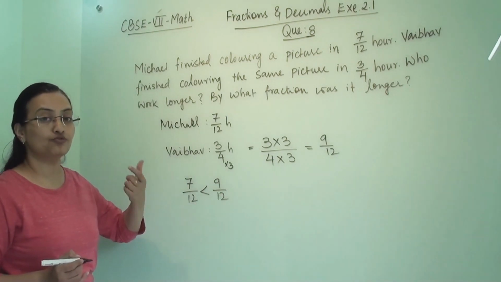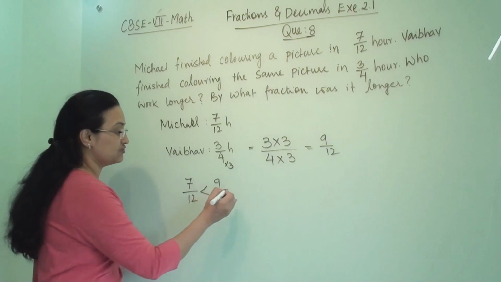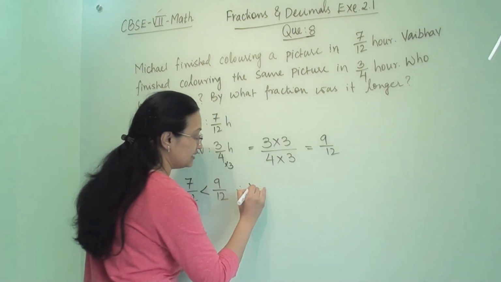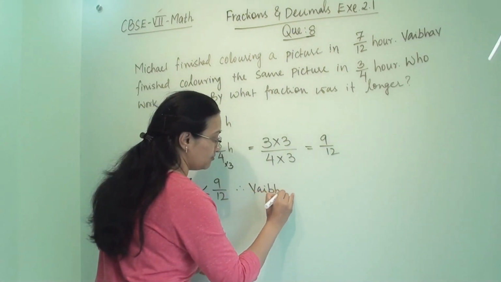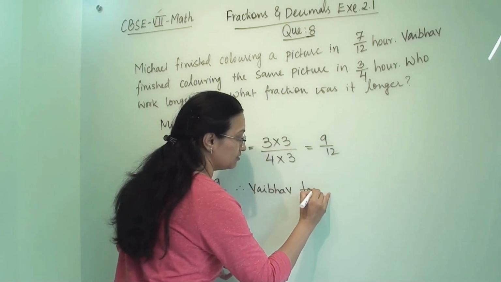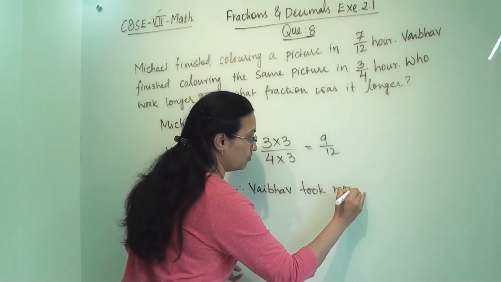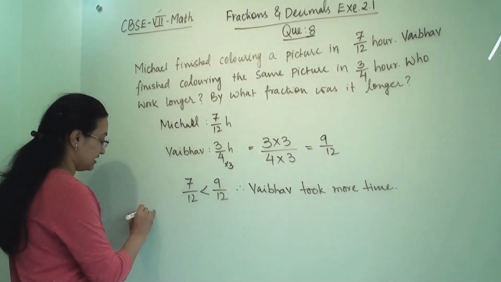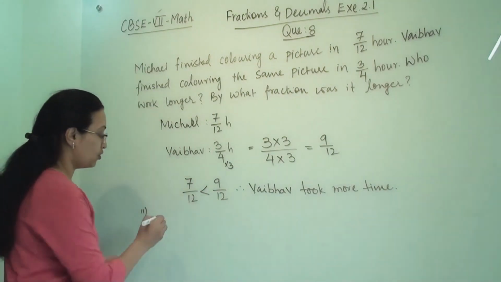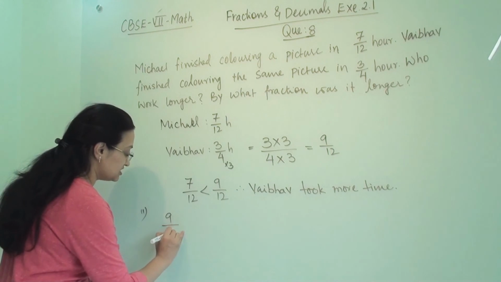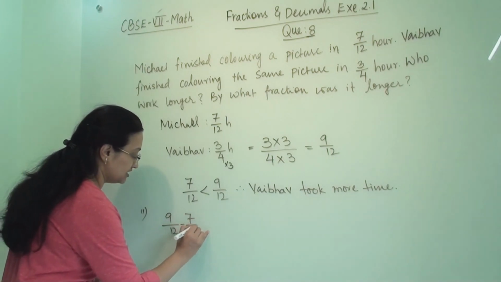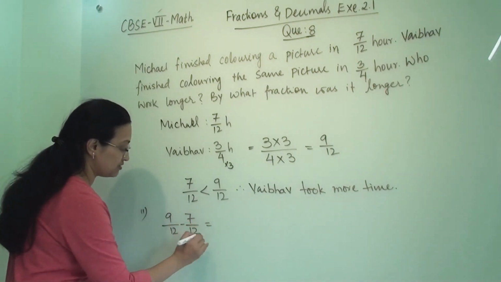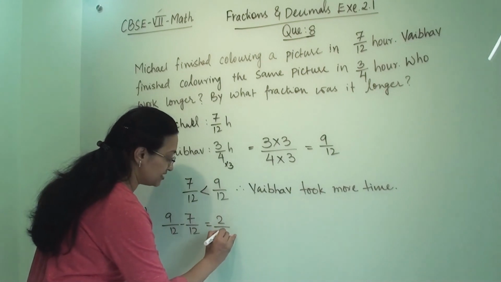Now if we want to find out how much, first we will write that Vaibhav took more time. Second, how much more time did he take? For that we have to subtract these two fractions. 9 by 12 minus 7 by 12, we will get 2 by 12.